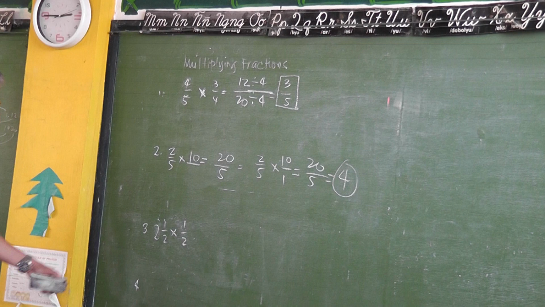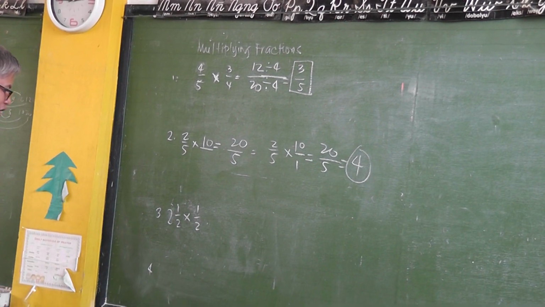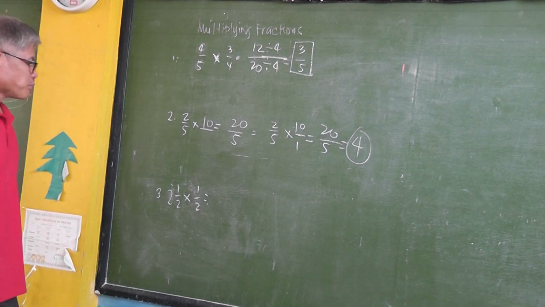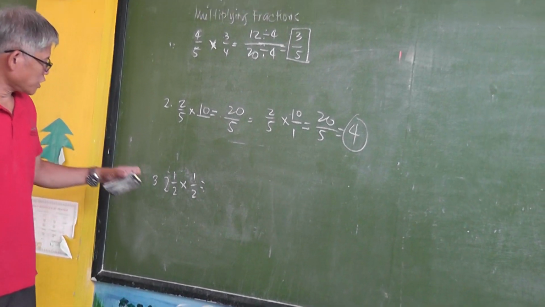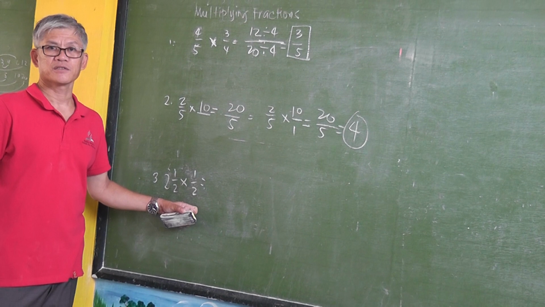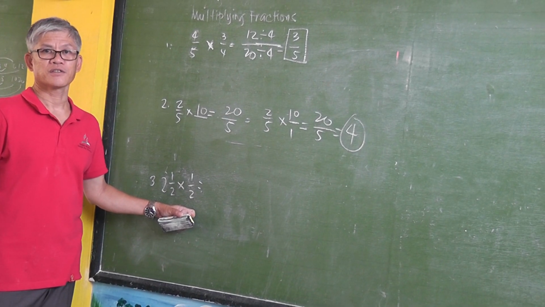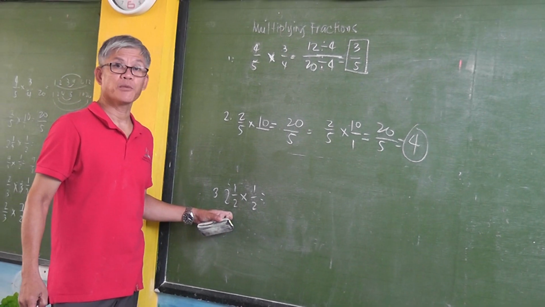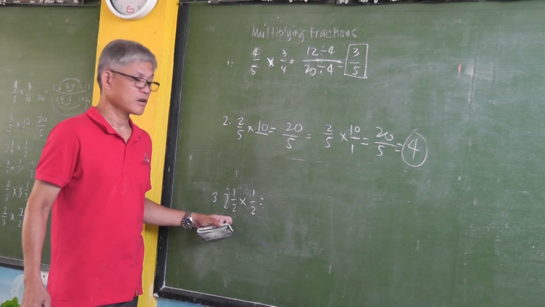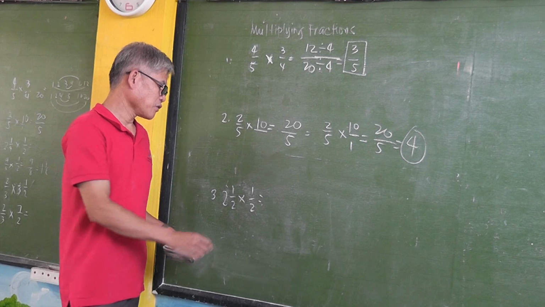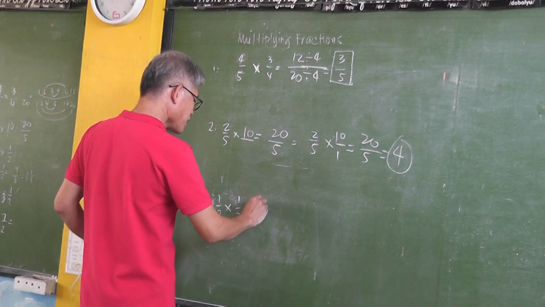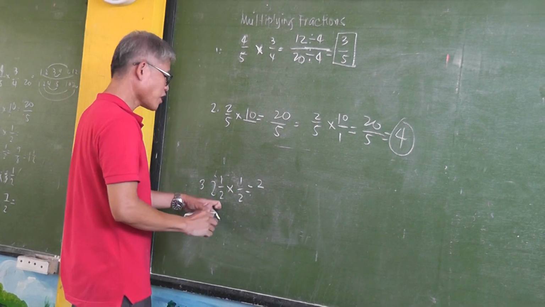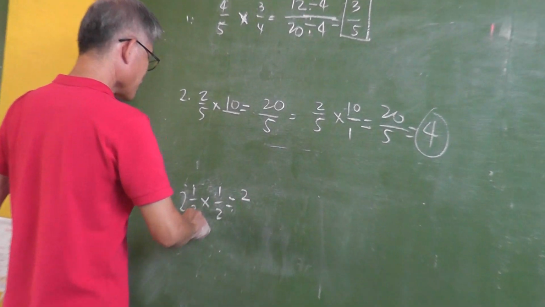Next, we'll go to the number 3 example. In multiplication, you cannot multiply a mixed number by a fraction. So, a mixed number should be changed to an improper fraction. We'll do it. What you're going to do is multiply the whole number by the denominator.